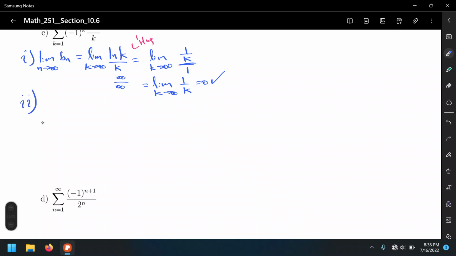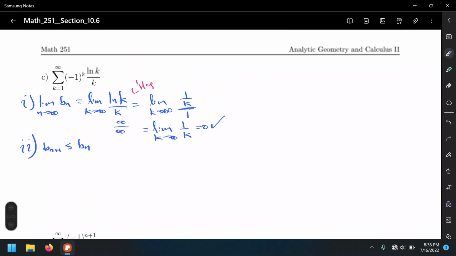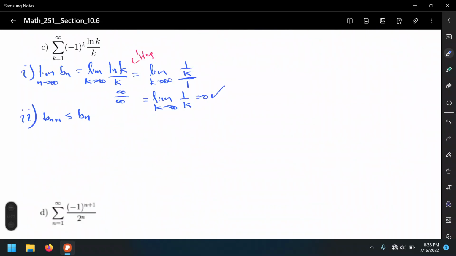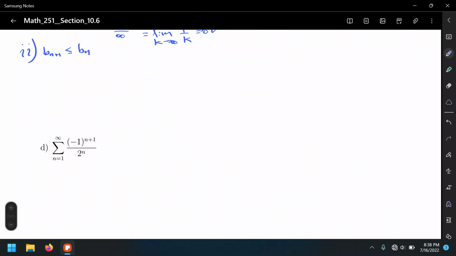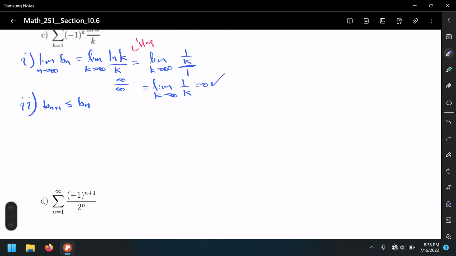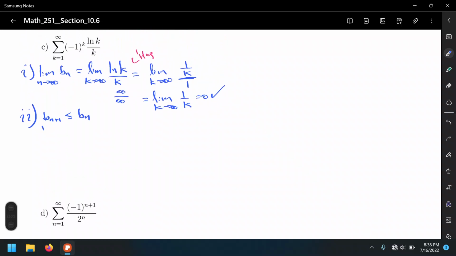For the second condition, we need to show that the sequence is non-increasing, that is b sub n plus 1 less than or equal to b sub n. In this case, what we need to do is ln of k plus 1.